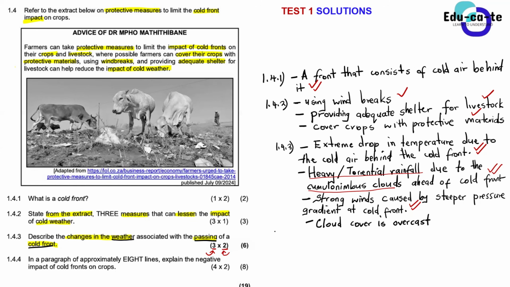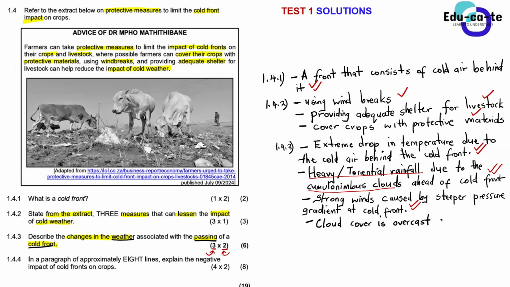What is causing a lot of clouds in the upper atmosphere when a cold front passes? Why do we have an overcast cloud cover, Trevor? So the cold front comes with cumulonimbus. Yes.